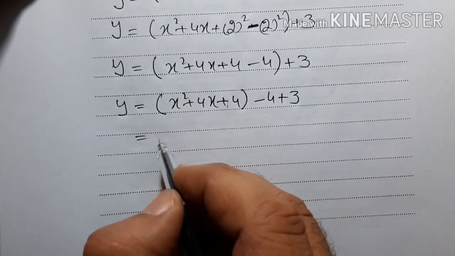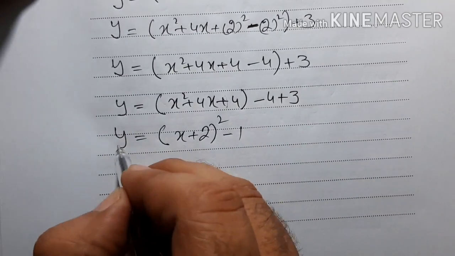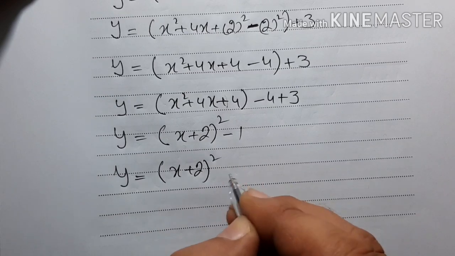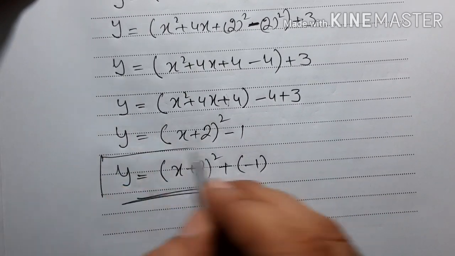If you look closely, it is (x + 2)² - 1. So I can write it as y = (x + 2)² - 1. This is my required form.